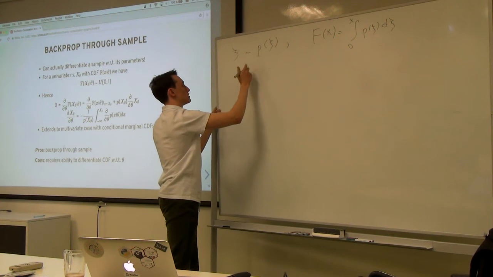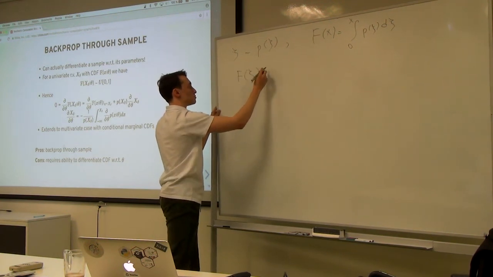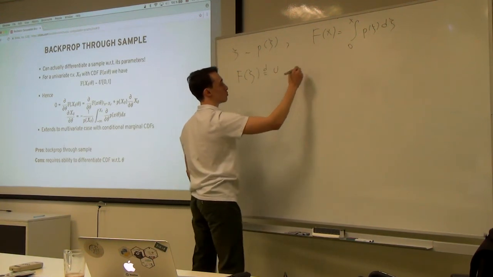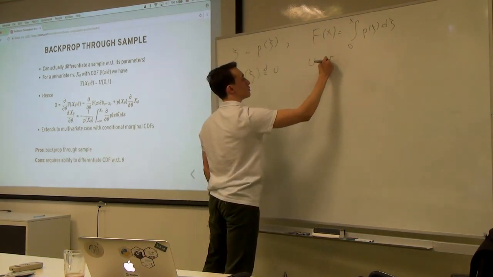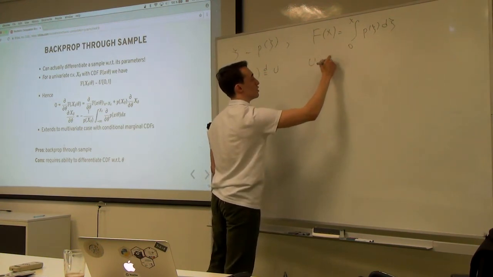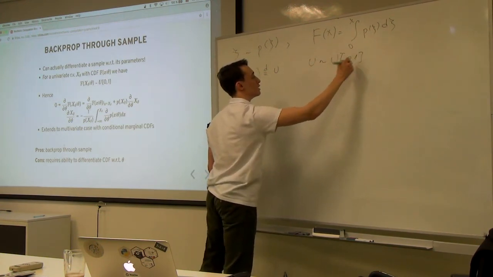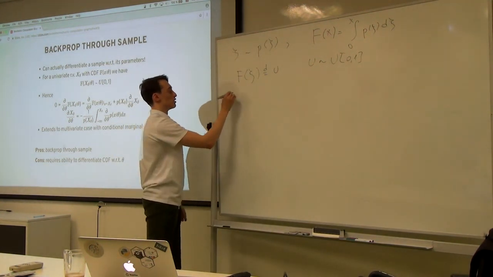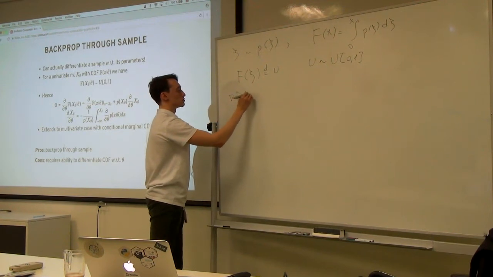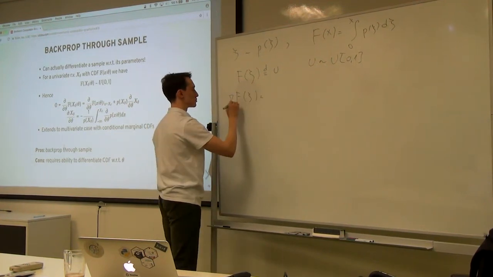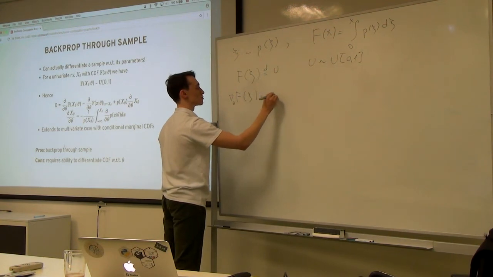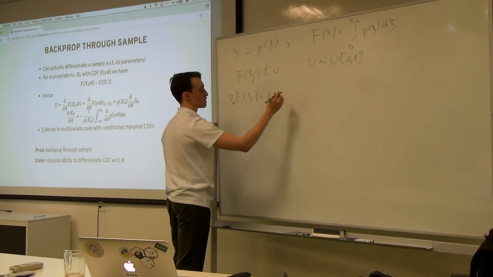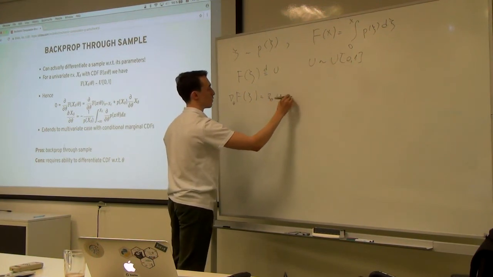So if you compute the CDF of x, that will be distributed identically to some random variable that's uniformly distributed in 0, 1. Then we differentiate both sides with respect to theta. The right side is obviously 0.